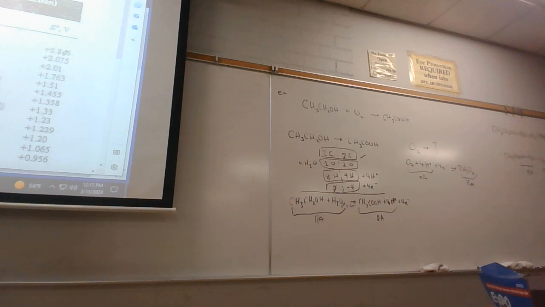Then acetic acid here will be our conjugate oxidizer, and water here will be our conjugate reducer. This reaction happened, meaning that ethanol in water is a stronger reducer than water, and acetic acid is a weaker oxidizer than O2. So we're going from stronger to weaker. This is driving force. We know it happened, therefore there's driving force for this.